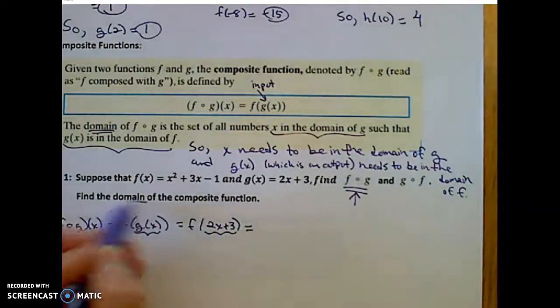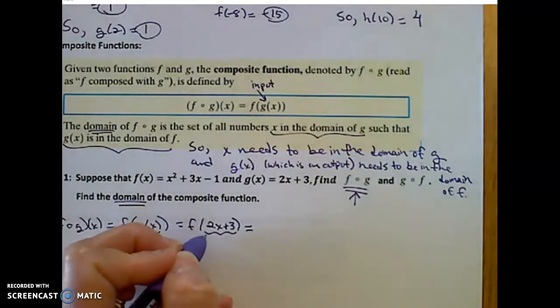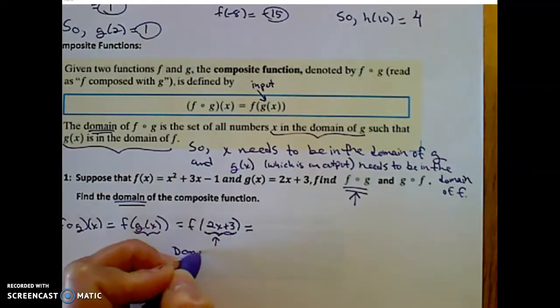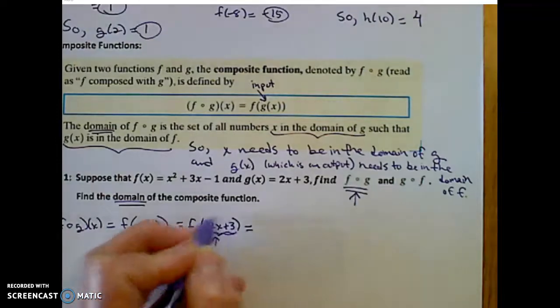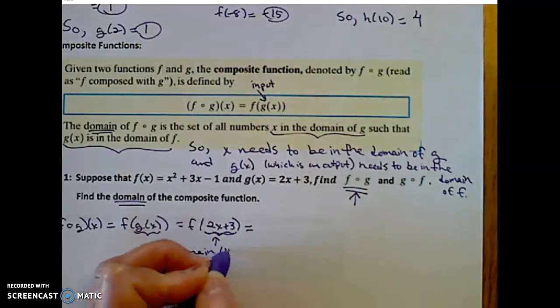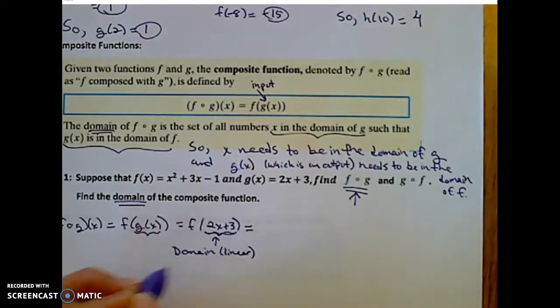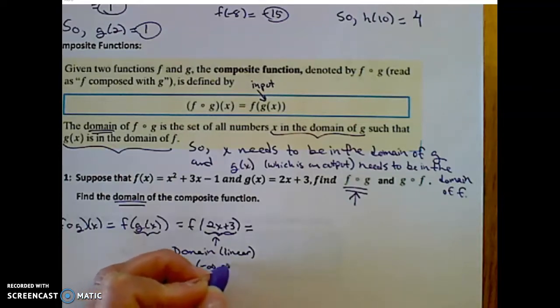First of all, we're going to state the domain of our composition also. Look at this function by itself. The domain of that inner function is all real numbers. That thing is just a linear function. I can plug anything into it, and the domain is from negative infinity to infinity.